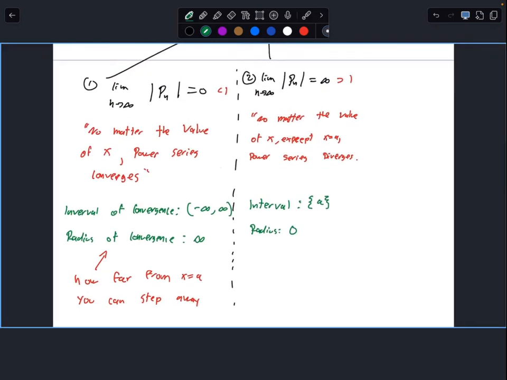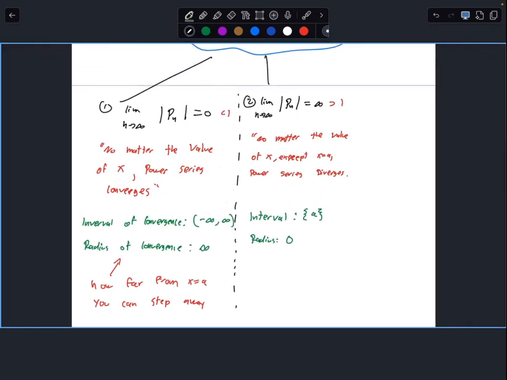And then we have scenario 3, the fun one. This is when the limit as n approaches infinity of the absolute value of p sub n is equal to some value p. And for this, I'm going to spend a little bit more time. I'm going to go on to the next page.